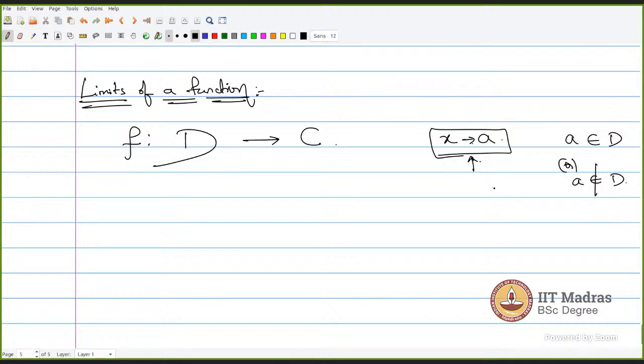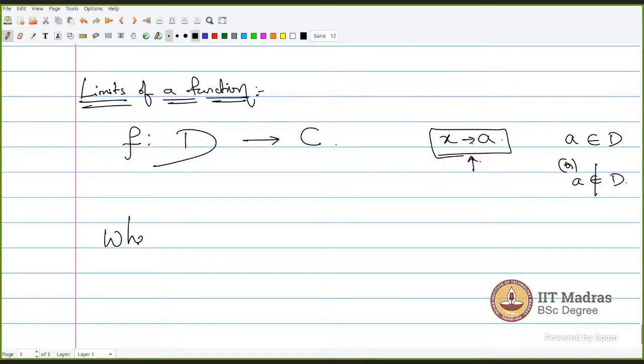Same as the limit of a sequence, here also the same thing, but we are worrying about some particular point. We are not worrying about when n tends to infinity. We are just worrying about my domain value approaching some value a. Will my f of x approach some particular point?